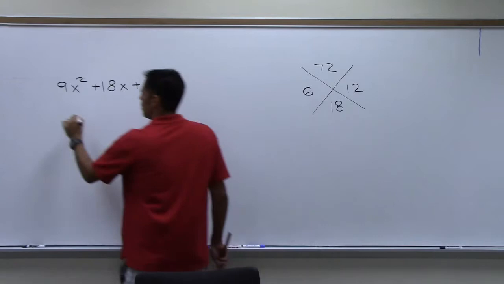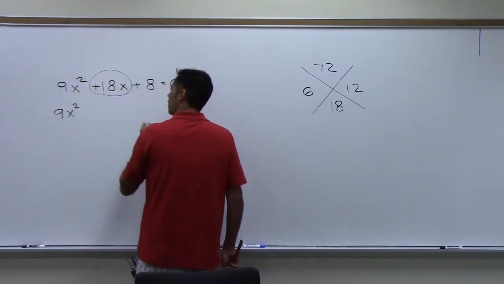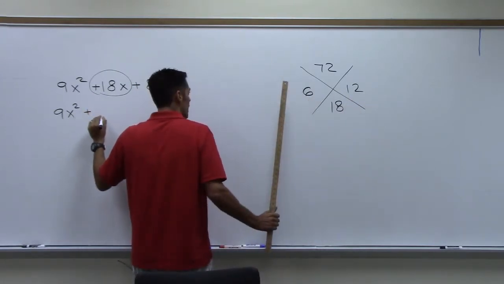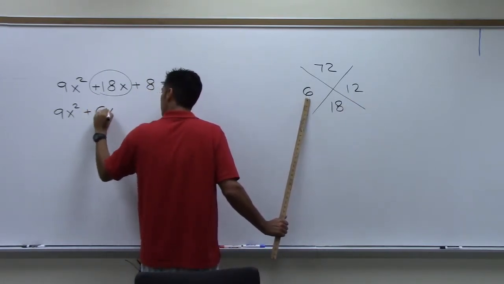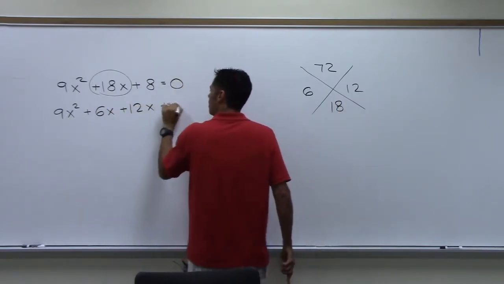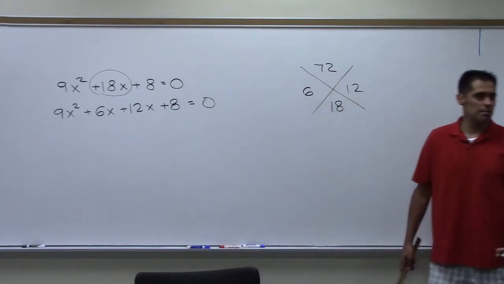Then we rewrite this as 9x squared, and we rewrite the 18x using these 2 numbers. Since they were both positive, I'll put plus 6x and plus 12x, then plus 8, and then equals 0. Now we have 4 terms, and then we do grouping.